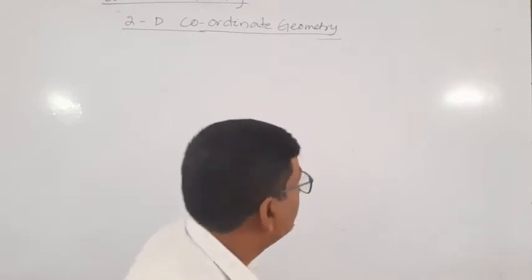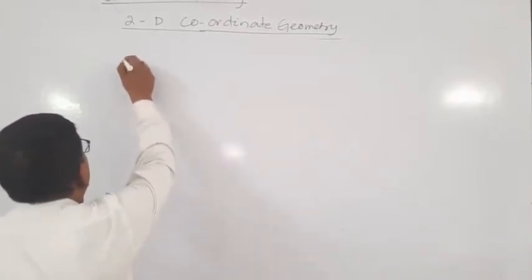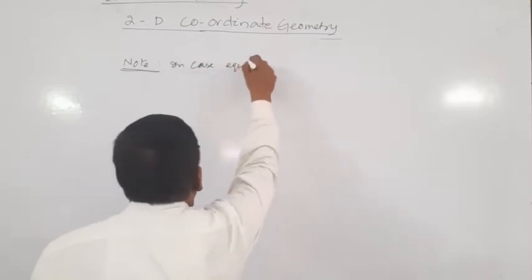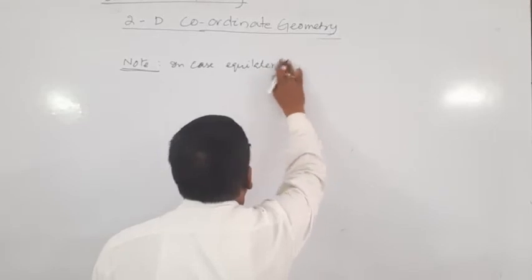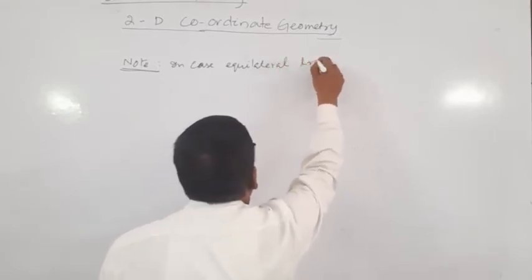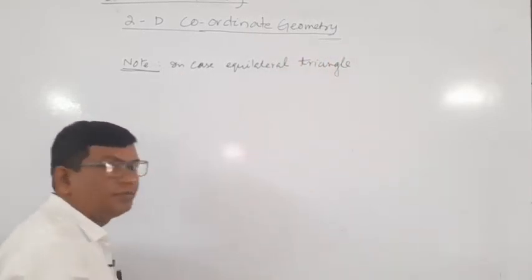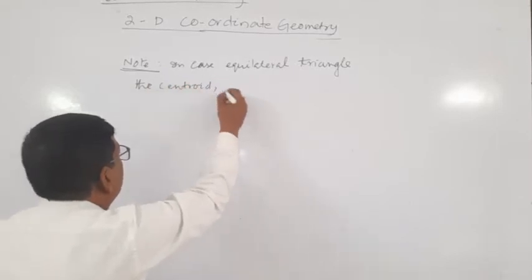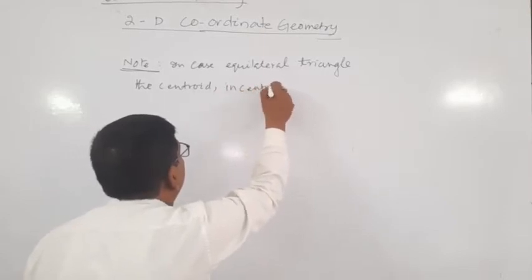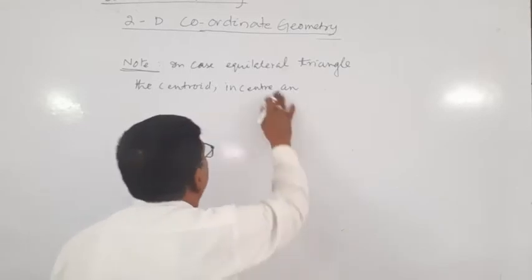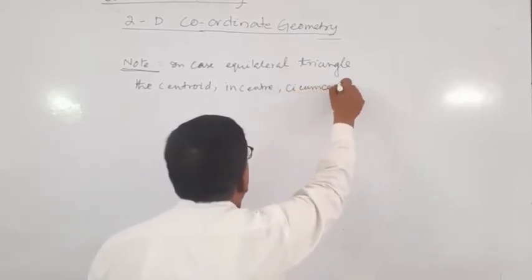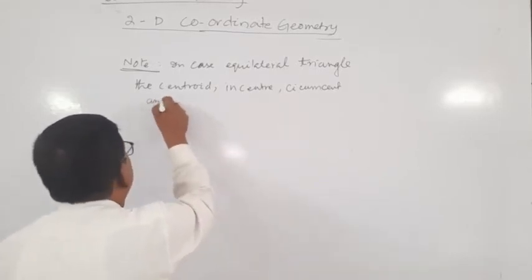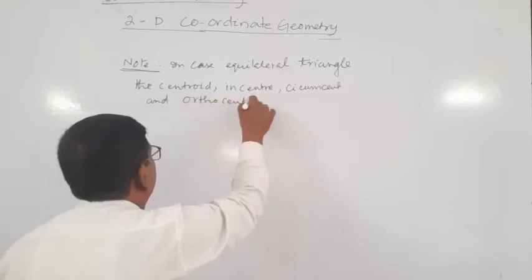That is, in case of equilateral triangle, the centroid, incenter and circumcenter and also orthocenter coincide.